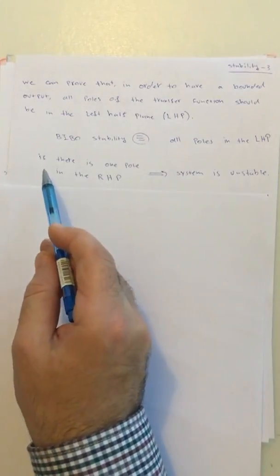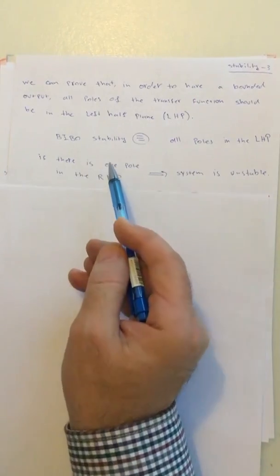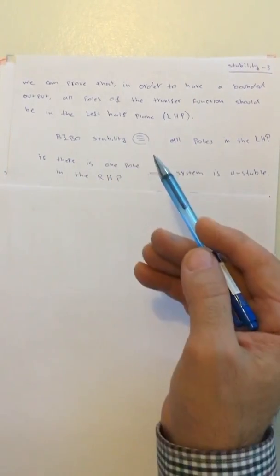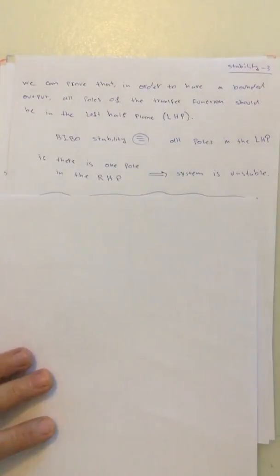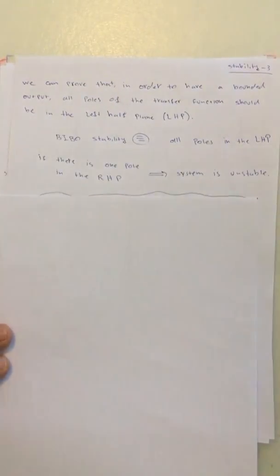And it is not difficult to prove that. If there is even one pole in the right half plane, it is enough to say that the system is not stable. So to have stability, all poles should be in the left half plane.